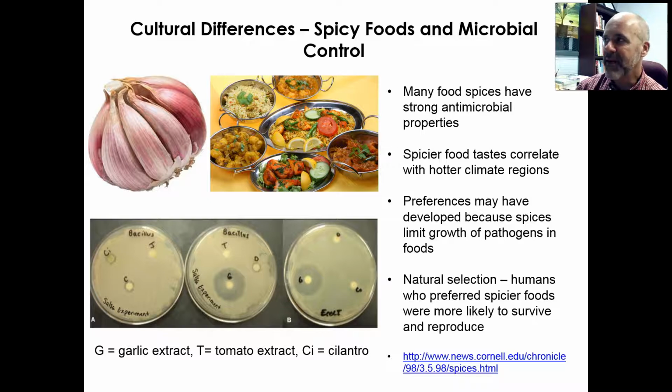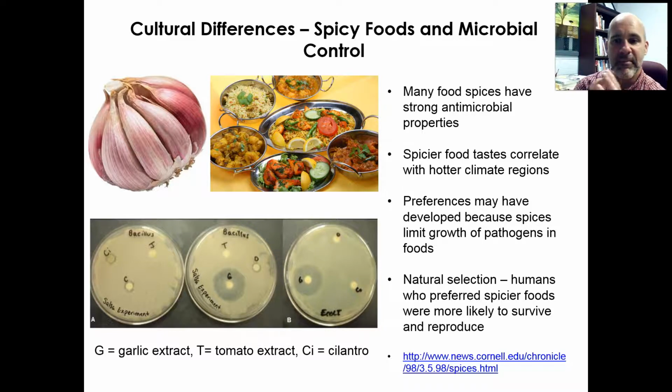There's a hypothesis out there that populations of people that lived in hot tropical regions developed, through natural selection, a taste for very hot, spicy foods. And the reason for that is many of these intensely hot, spicy foods have spices. There are chemicals in the spices that help prevent microbial growth.